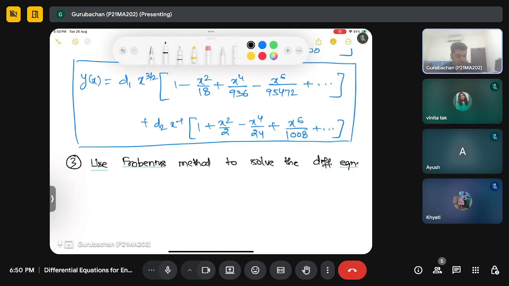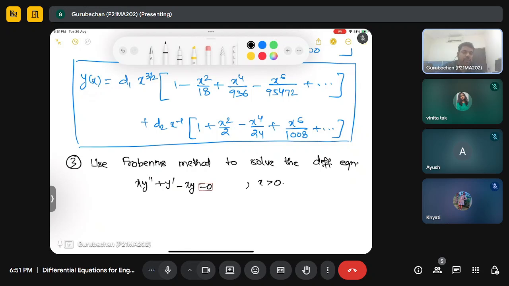So the differential equation is x y double dash plus y dash minus xy equal to 0, and here x is greater than 0.